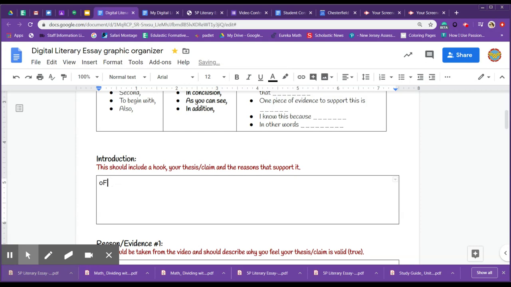Often, in life, you come across a task that seems almost impossible. Okay, so if you notice, I did not state my thesis yet. I'm just giving a hook.